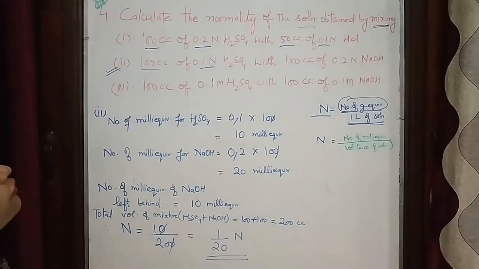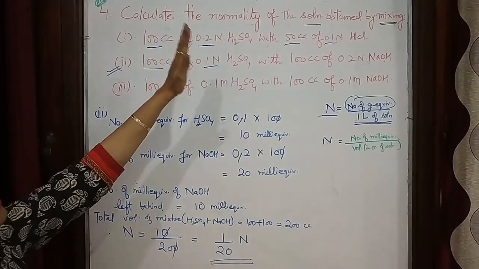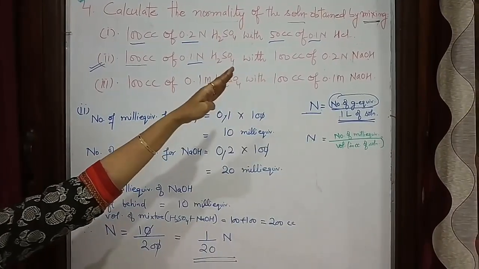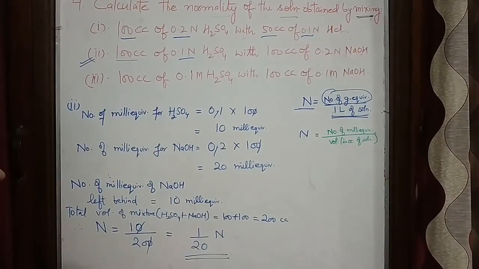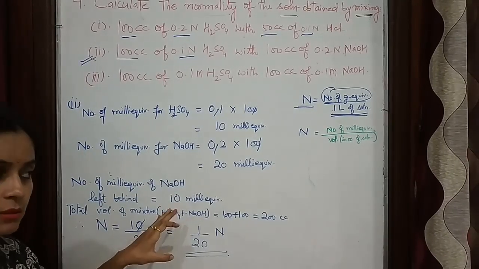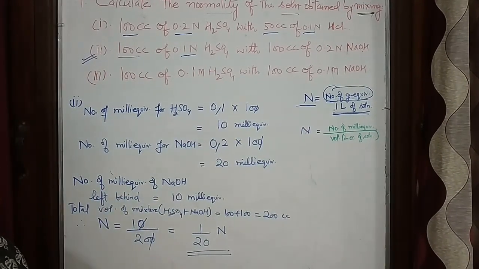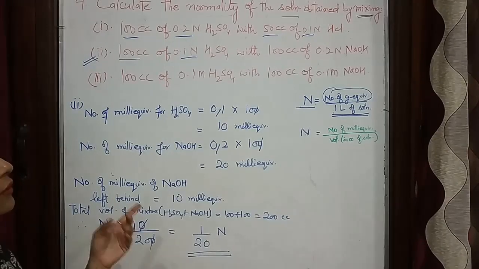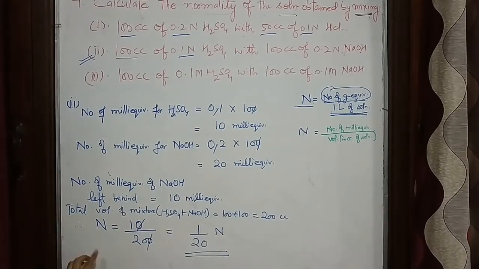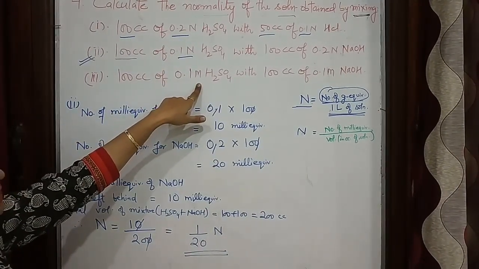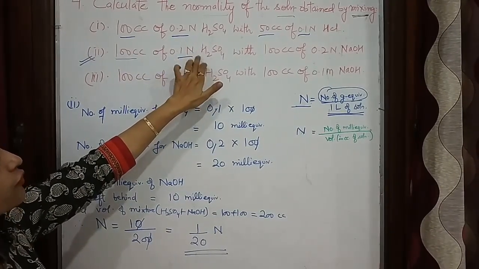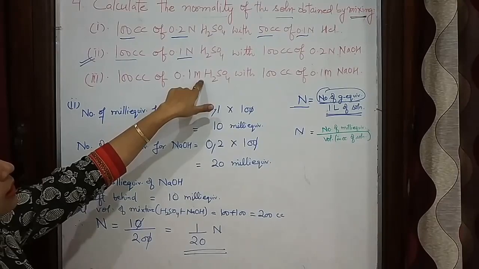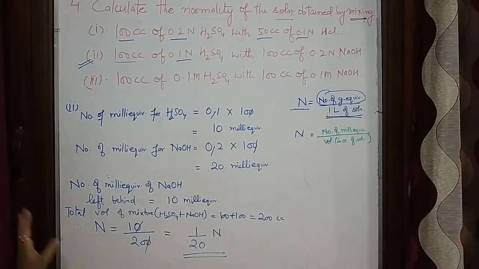That is, whenever you mix together an acid with a base, the resulting mixture contains milli equivalent of the substance which is left over after neutralization per unit volume of the solution. And when it is represented in molars, because here this is in the form of normality, but when it is in molar, then you have to apply another formula.